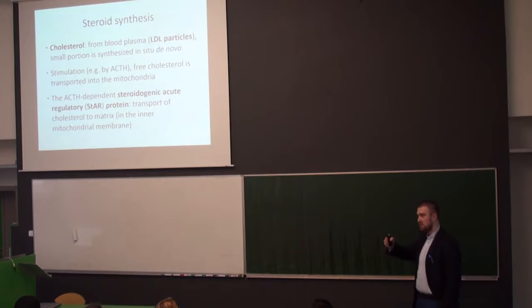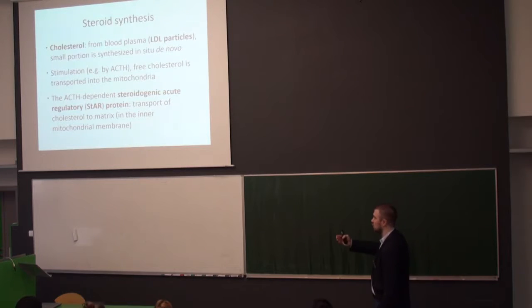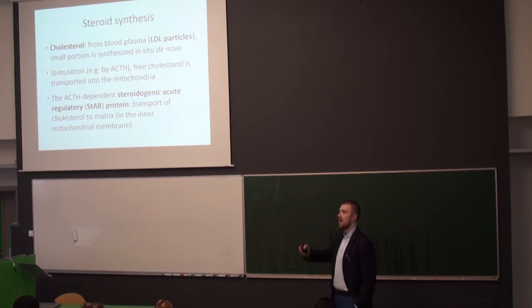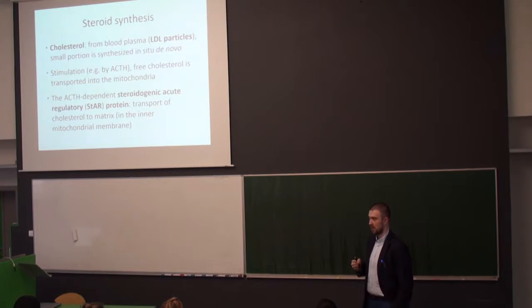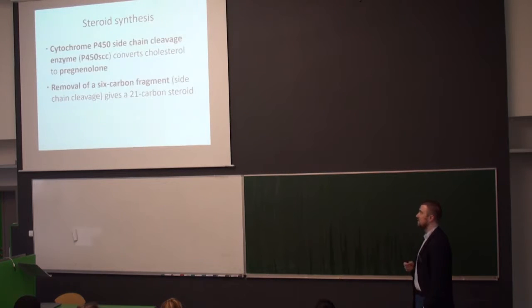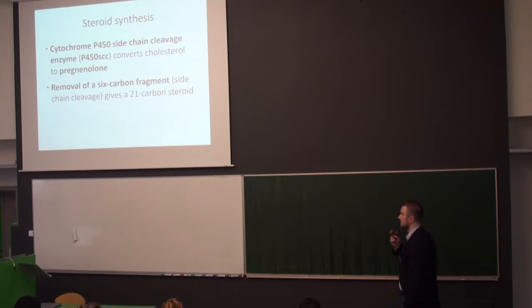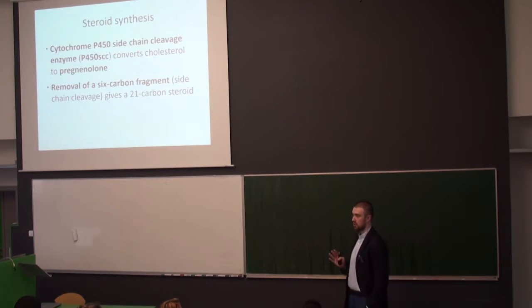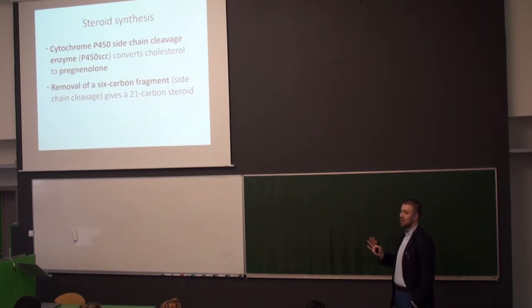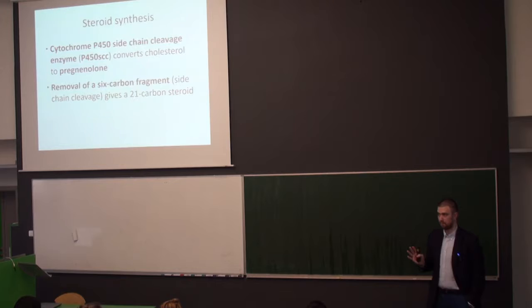So that's the first two steps. You must gain the cholesterol, and you must put it into the mitochondria. And then in the mitochondria, you have first irreversible reaction that is the same for all steroid hormones. There's the reaction where you do the side chain cleavage of cholesterol.